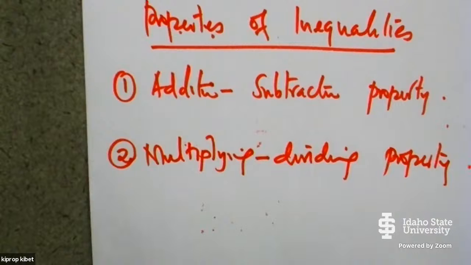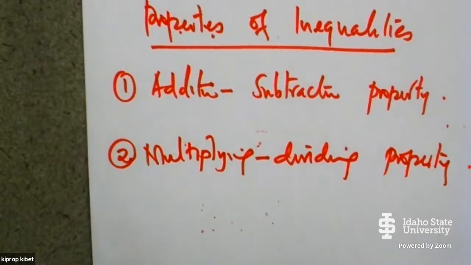Then when it comes to multiplying and dividing, multiplying or dividing each side of the inequality by the same positive real number produces an equivalent inequality. So if you multiply or divide by the same, then it produces the same inequality.